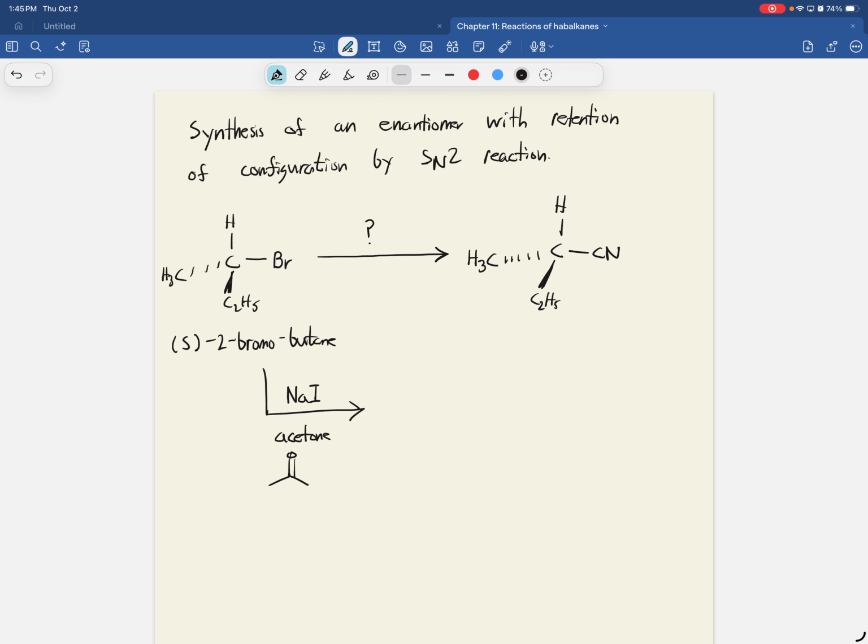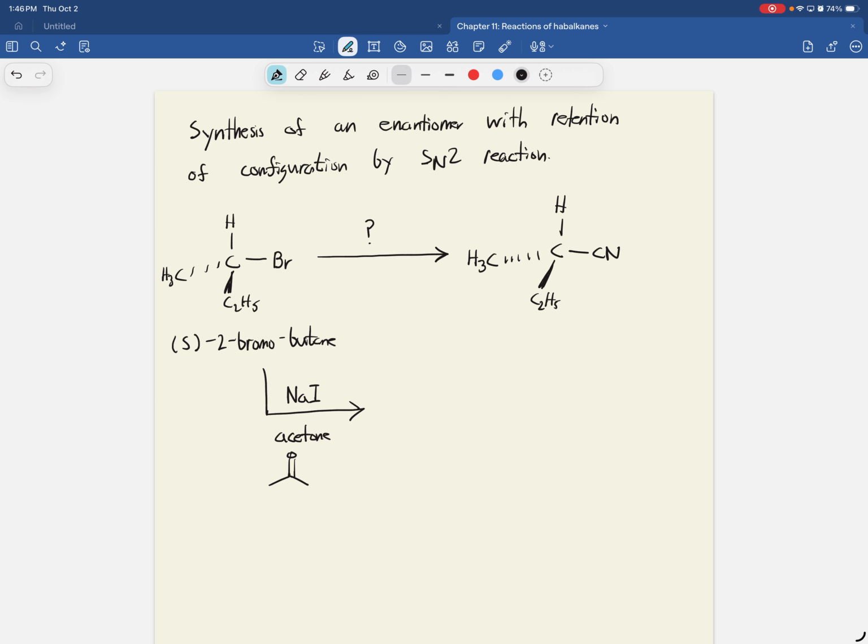This reaction can actually go back and forth, because iodide and bromide are both good nucleophiles and both good leaving groups. The reason this reaction goes is because the product, sodium bromide, is not very soluble in acetone. So it will drive an equilibrium to produce just the iodide reagent.